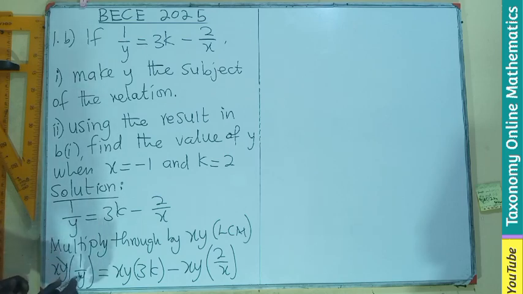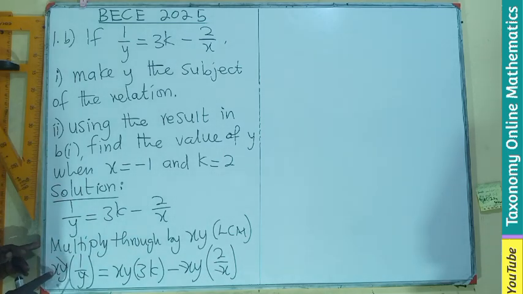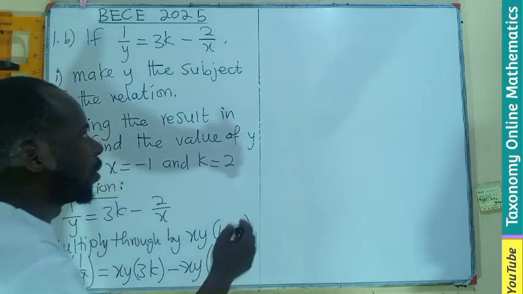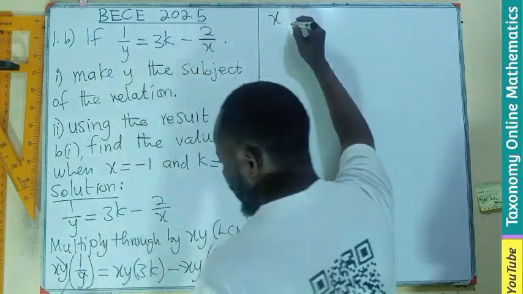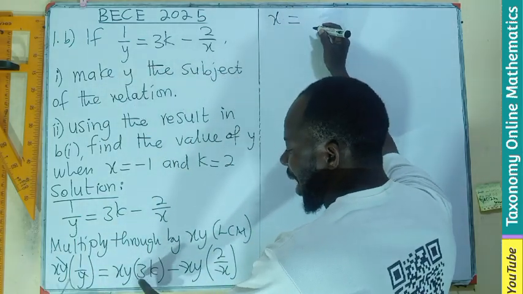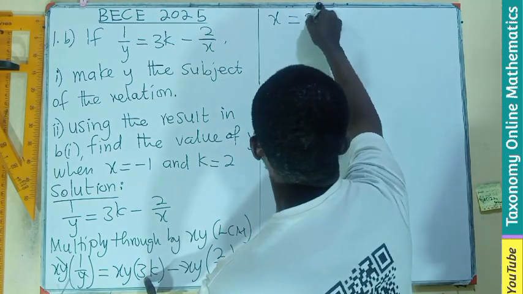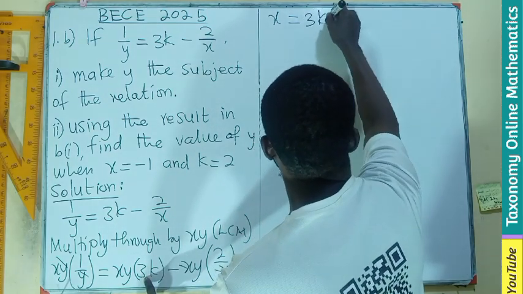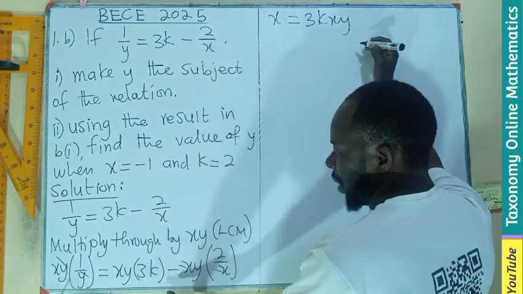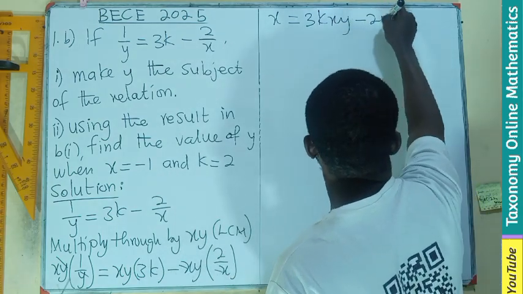So y will cancel y, then here x will cancel what? x. So you'll be left with only x times 1, which will give you only x, then equals xy times what? 3k. 3 is a constant, so I have 3kxy.